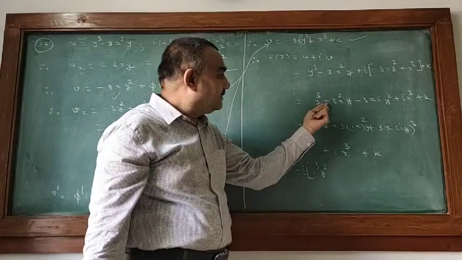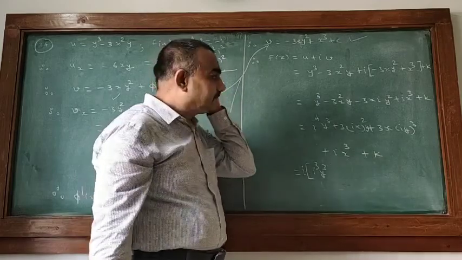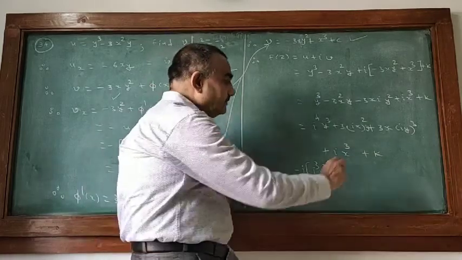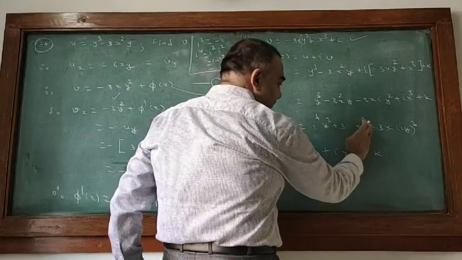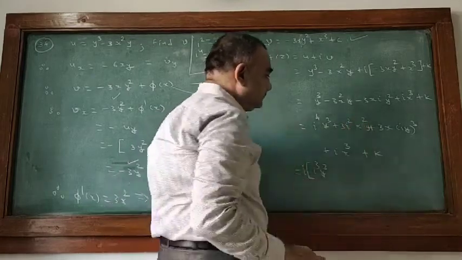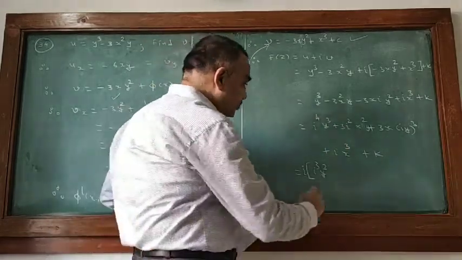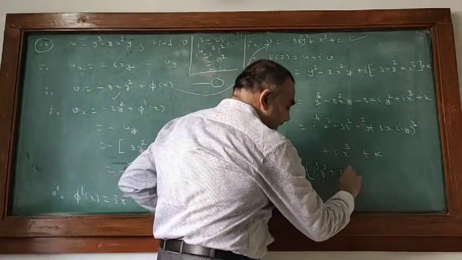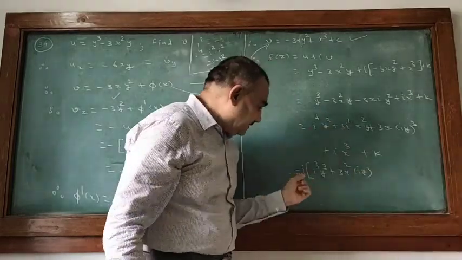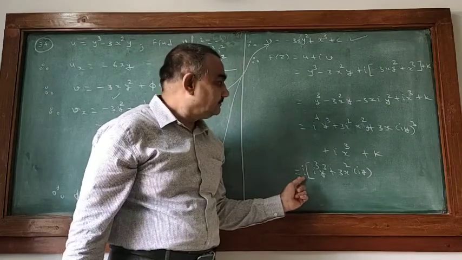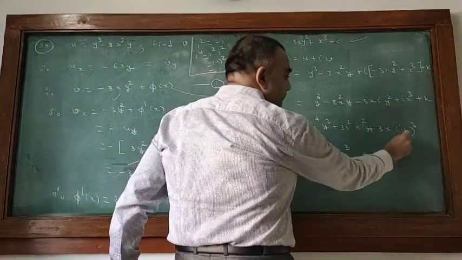Then here it is minus, meaning it is i square, like this. Now there is no sign of minus. Clear? So plus 3x square. One i is there, one i is outside. Plus this is i cube.